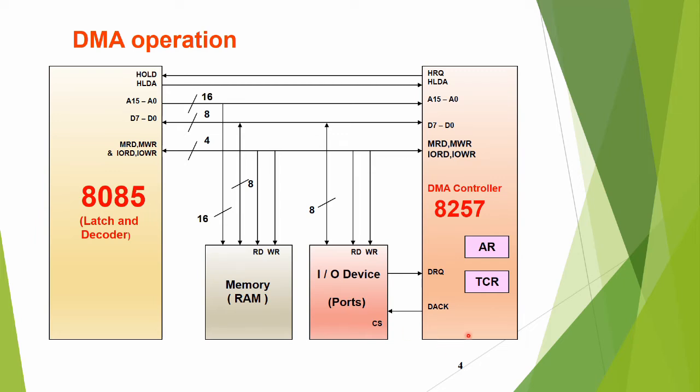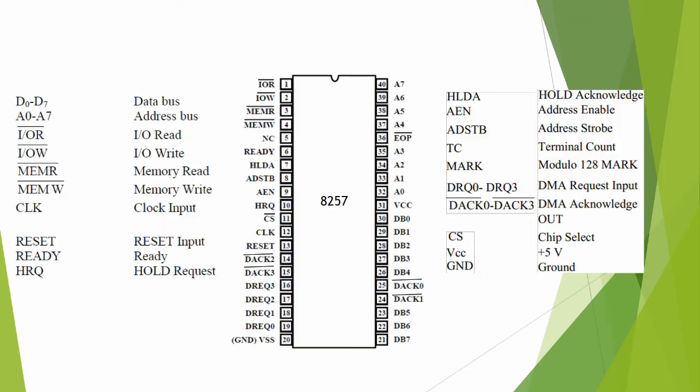And 8257 is connected through DMA request and DMA acknowledge. So we'll see how it basically functions.